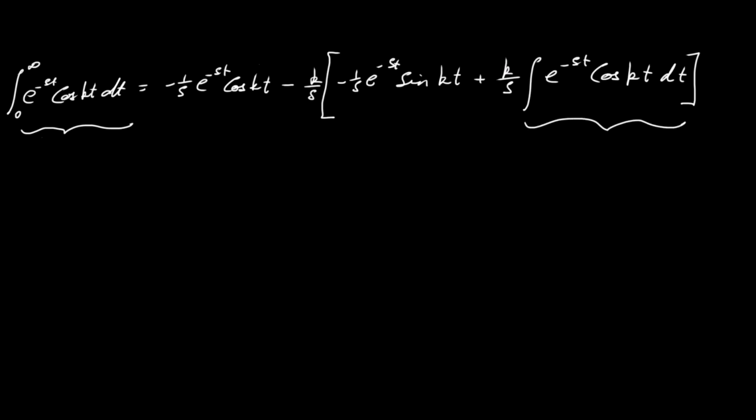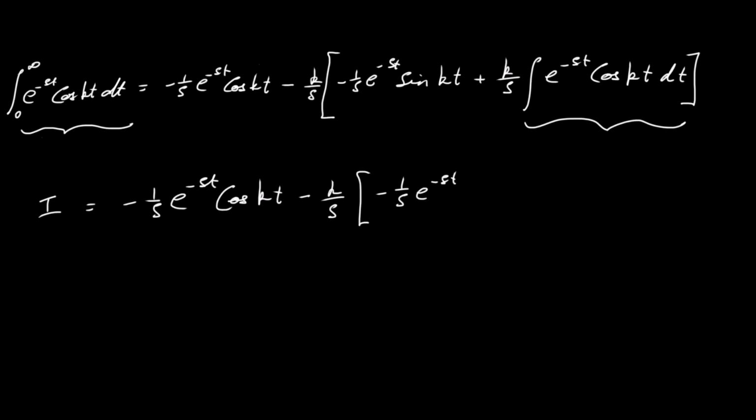So what I'm going to do is substitute the Laplace transform for cos kt for the letter I. So that will leave me with I is equal to minus 1 over s e to the power of minus st cos kt, minus k over s times minus 1 over s e to the power of minus st sine kt, plus k over s times I. Now what I'm going to do is try to isolate I, get I on its own, and that will give me the Laplace transform for cos kt.